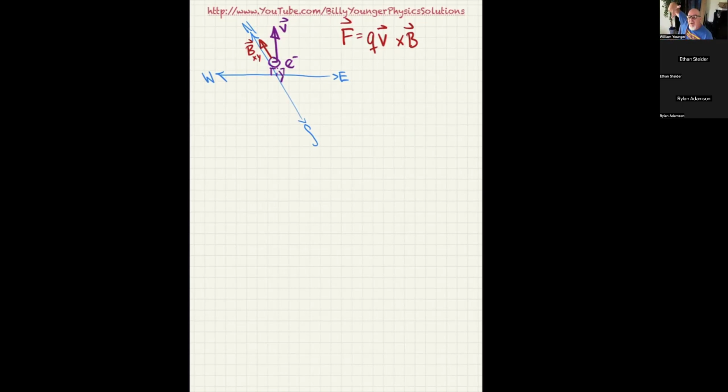Okay. So when it's like this, we can see that now this middle finger is pointing into the page, which is the direction we call north. The index finger is pointing down, which is the direction we call QV. And therefore, since this middle finger is pointing north, this thumb must be pointing to the east. So the force would be to the east.